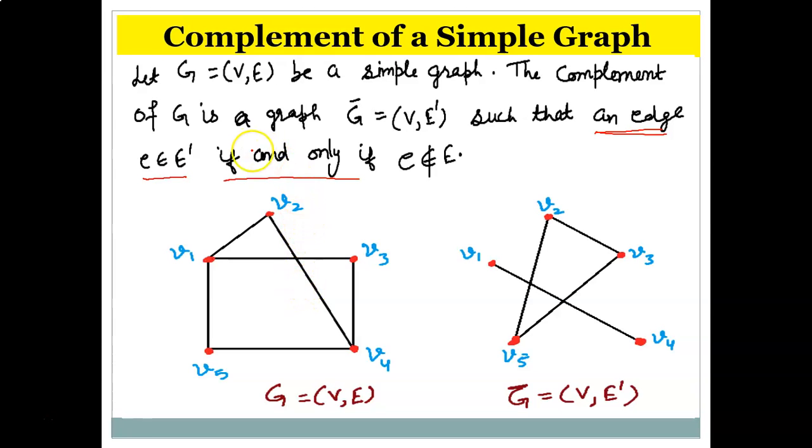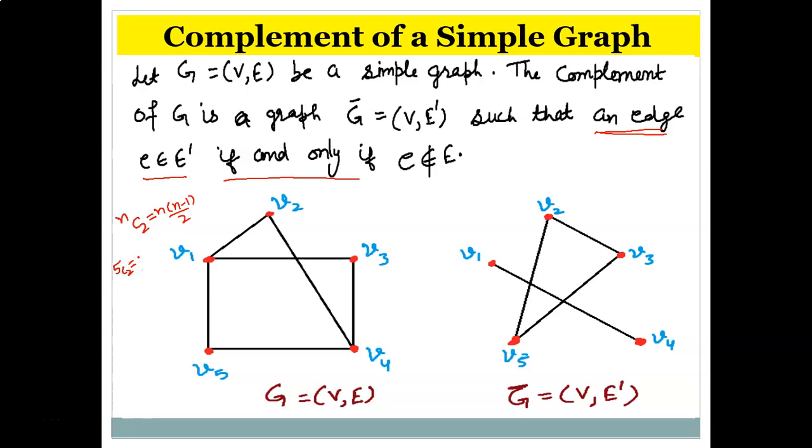For example, here this is the case of a simple graph with 5 vertices, and the edges are there. Now you can see a very simple formula: if you have n vertices and you want to form a complete graph, then the number of edges in a complete graph is nC2, that is n into n minus 1 by 2. So here this is a simple graph with 5 vertices, so it must have 5C2.